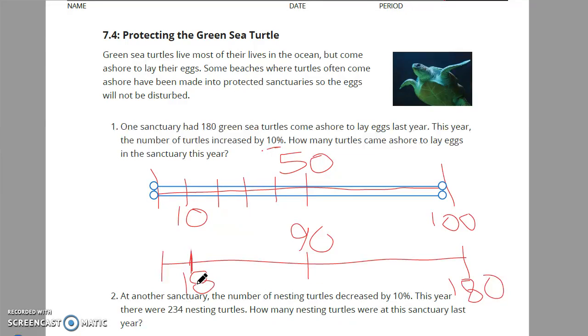So, this year the number of turtles increased by 10%, meaning there is a percent increase of 10%. 10% of 180 is 18, meaning we would have to add another 10%, or another 18, which is 180 plus 18, 198 sea turtles come ashore to lay eggs this year.